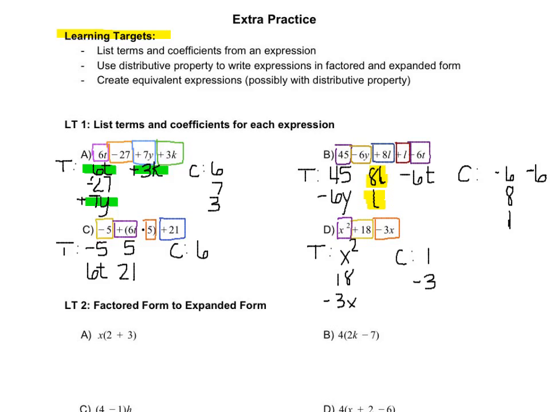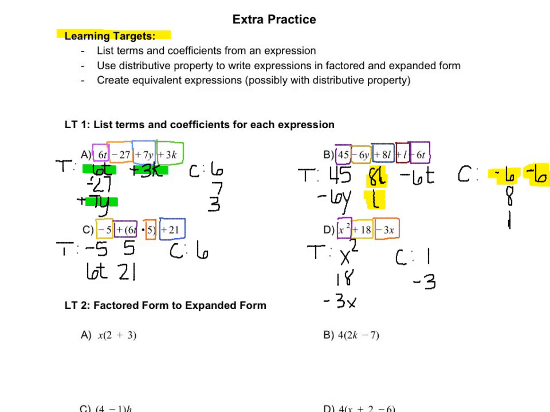The second thing, which I want to make sure that you understand, is here the coefficient. 2 of those variables ended up having a coefficient of -6. You must write that number down twice. So even if it repeats, please write it down as many times as you see it.